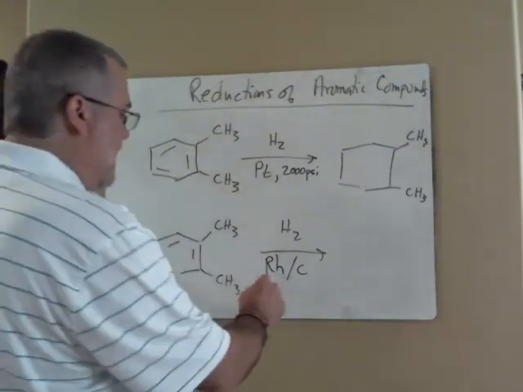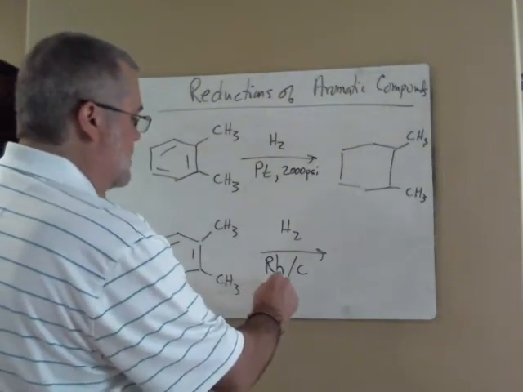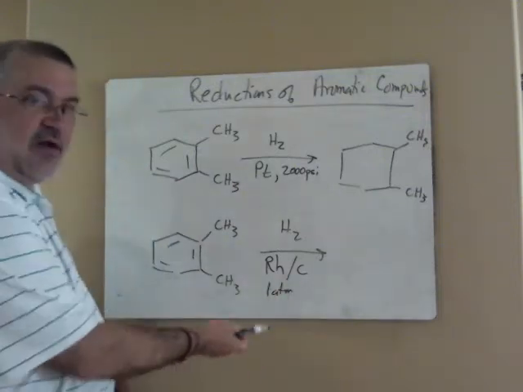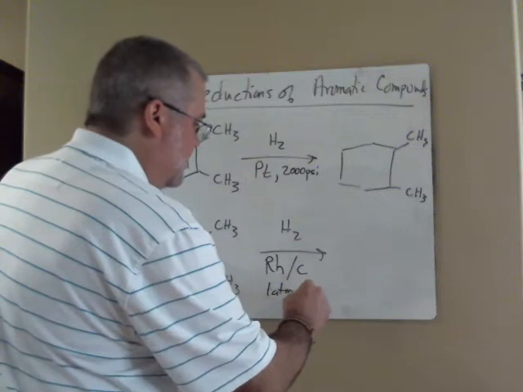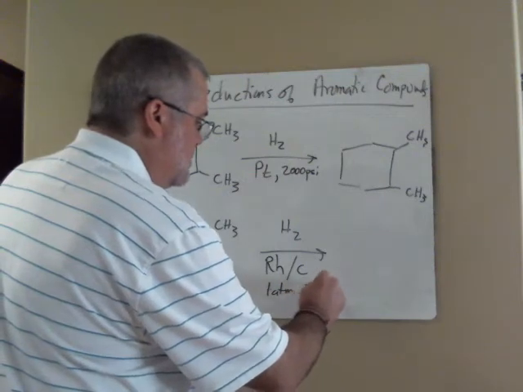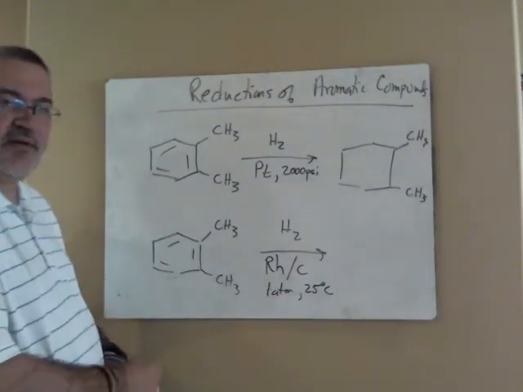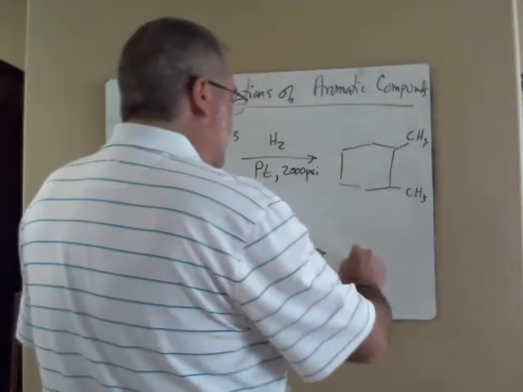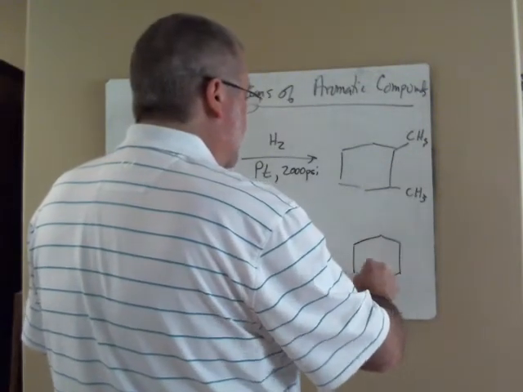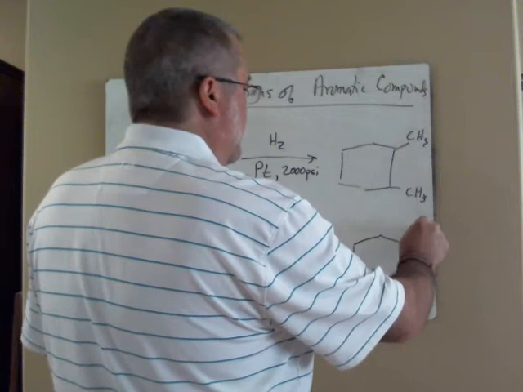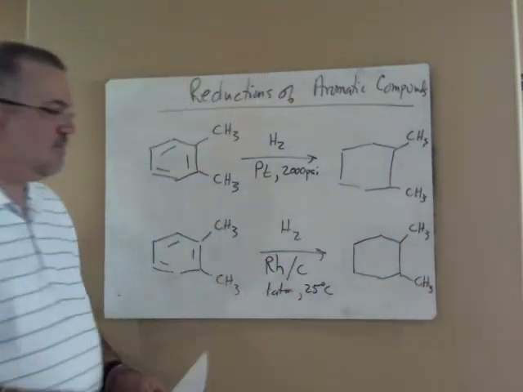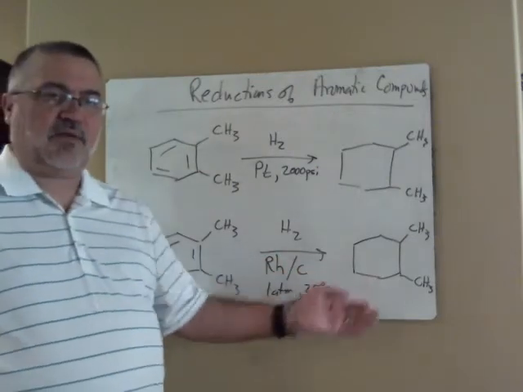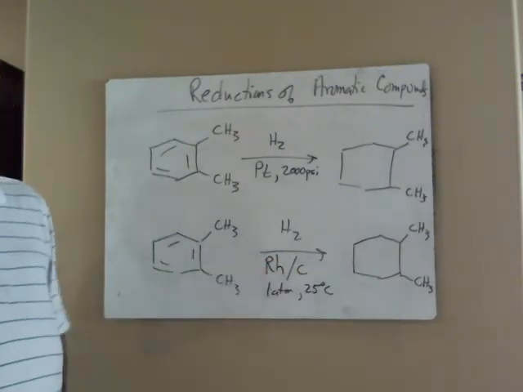If you do that, you can do it at normal atmospheric pressure and at room temperature, 25 degrees Celsius. And the result is the complete reduction of the double bonds in the ring. So if you want to afford this reduction, rhodium catalyst is the way to go.